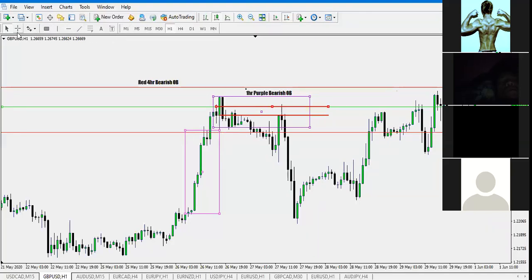Now notice if you take this entry over here, look how small of a stop loss you are using. About 25 pips. Even if you take it at the top of this OB, that's 40 pips, which is a bit high, but at the high over here, it's 30 pips. This is a good entry for me, although I generally take my entries at the 50% or the opening.